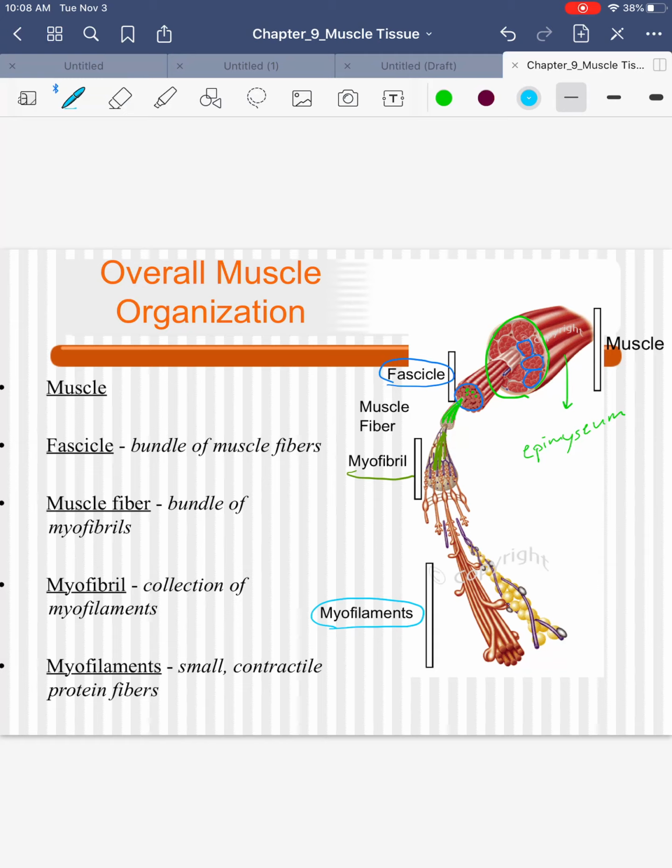Each muscle fiber is made up of myofibrils, and each myofibril is made up of myofilaments. The myofilaments are the smallest pieces of muscle, and more importantly, these myofilaments are the contractile pieces. So when a muscle contracts, it shortens, and the pieces that are actually shortening are these myofilaments.